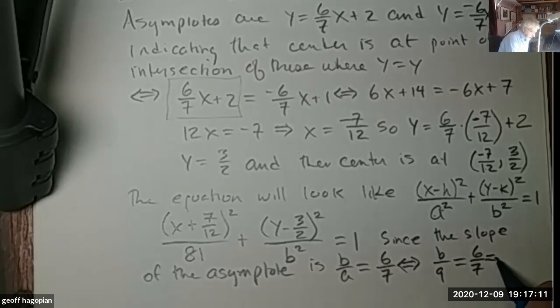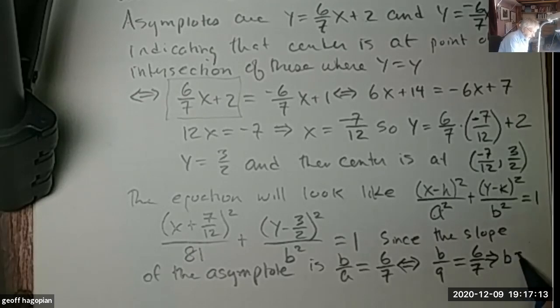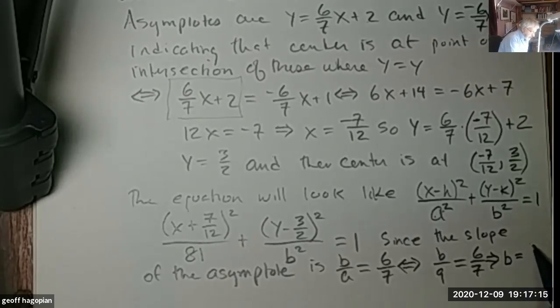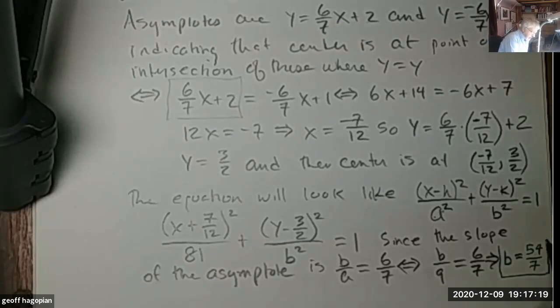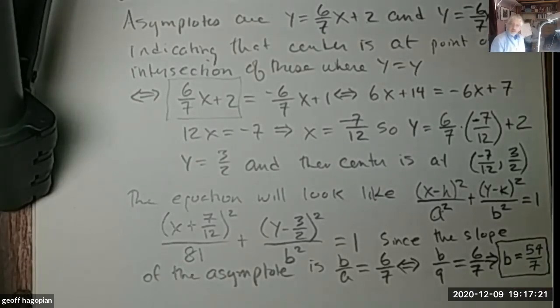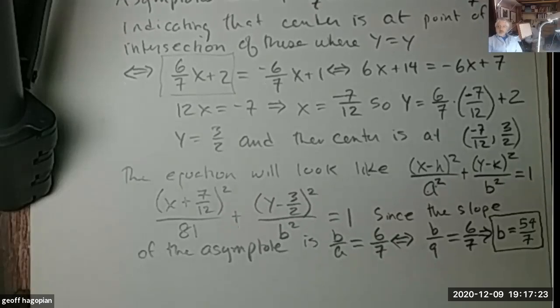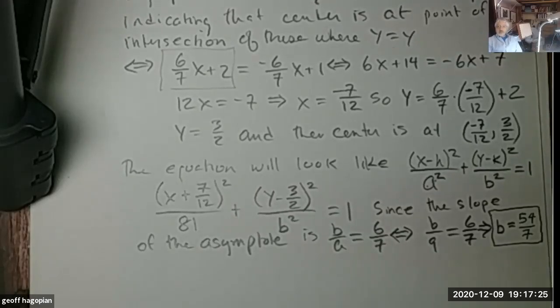This implies that b equals 54/7. It is what it is. It's a very pretty number. Put it in a box. 54/7. It's not every day you come across 54/7. That's about 7 and 5/7. It's closer to 8 than 7.